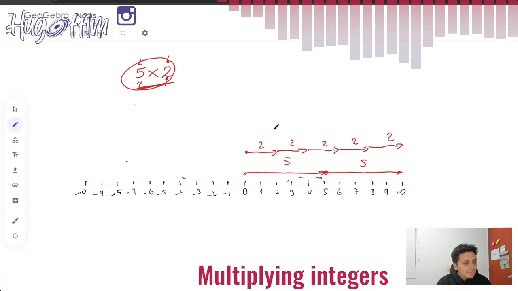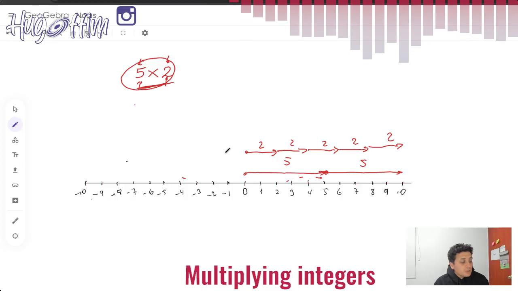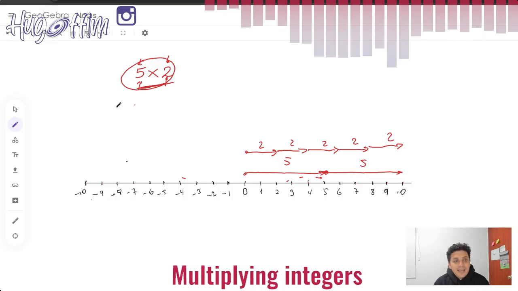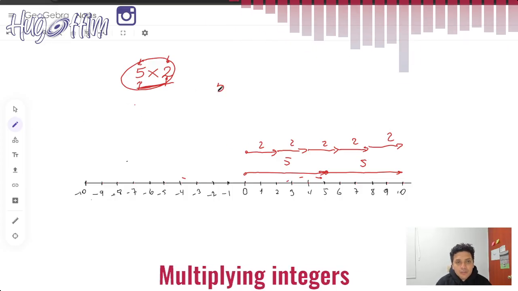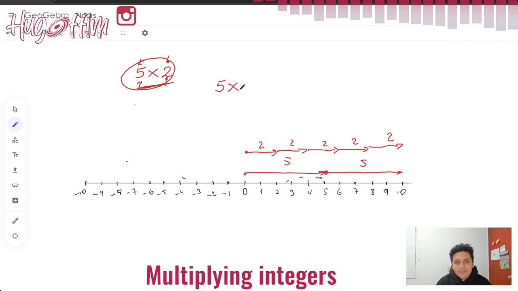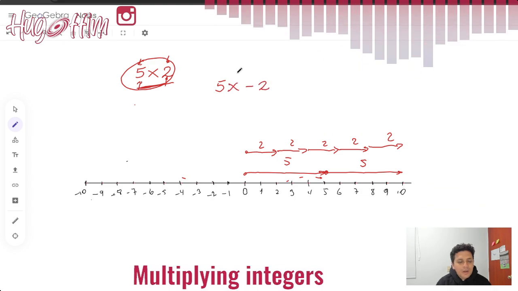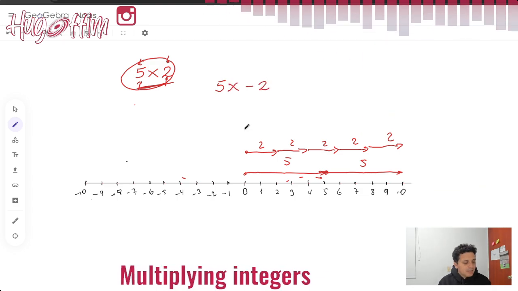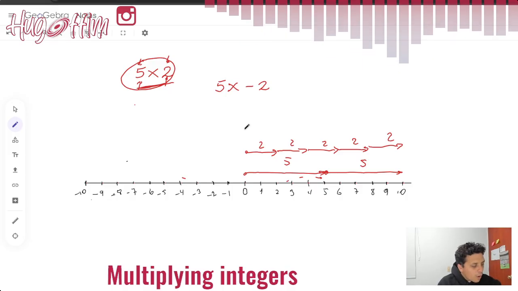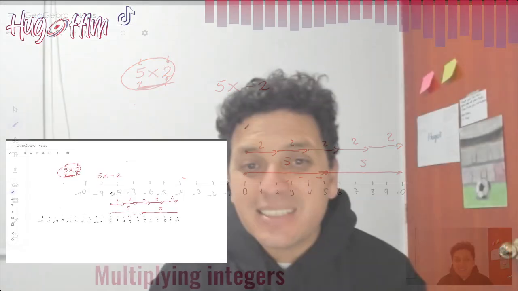Now, bearing in mind this concept, I ask you to think about what happens if I operate 5 times negative 2. What would 5 times negative 2 mean? Take some time to think about it. If a multiplication is a repeated addition, what will it mean to do 5 times negative 2?